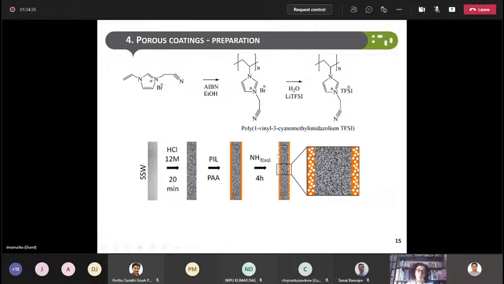This is an aqueous solution. In 4 hours, the polyacrylic acid is all dissolved, and I get a porous fiber, with a much higher surface area that can, in a small time interval, absorb much more compounds.